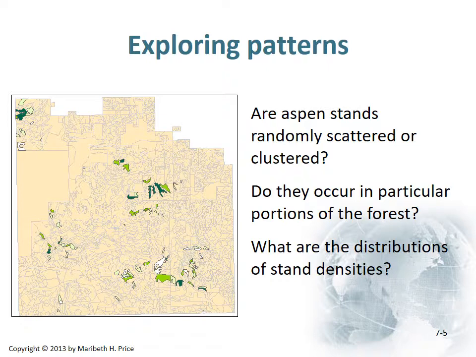So we're looking for, again, patterns that make sense, patterns that help explain what we observe and measure on the surface, and we do that by incorporating many different kinds of data into our analysis.